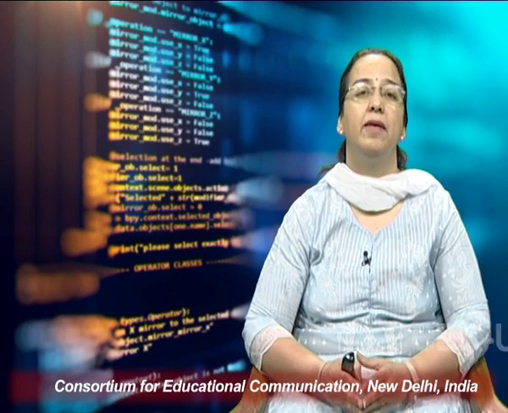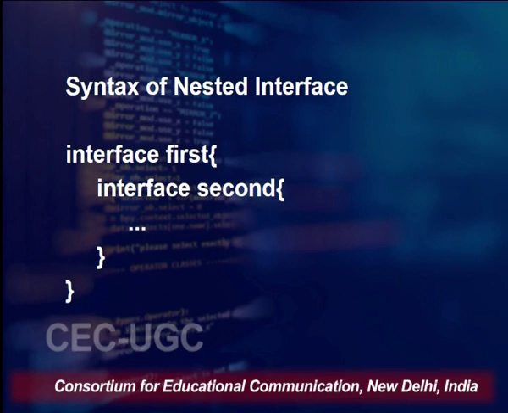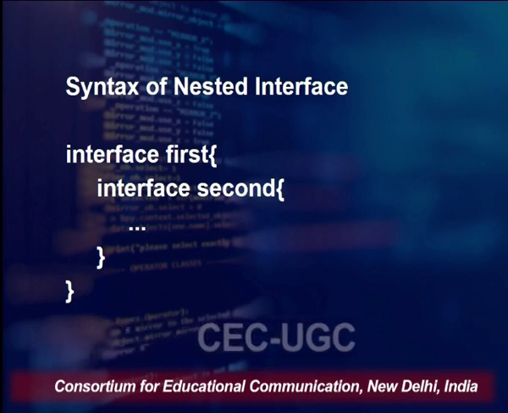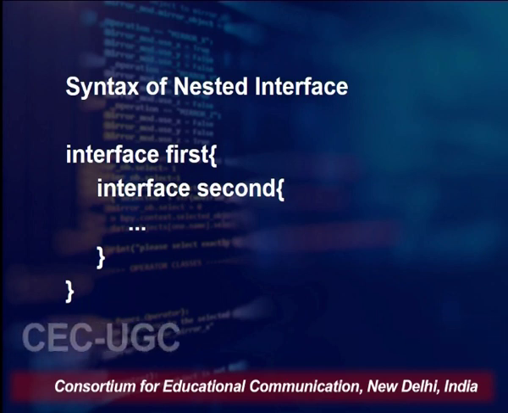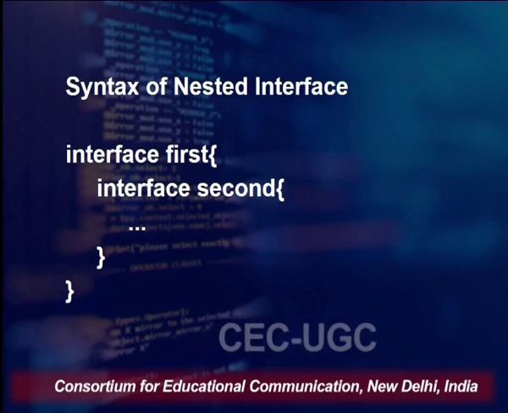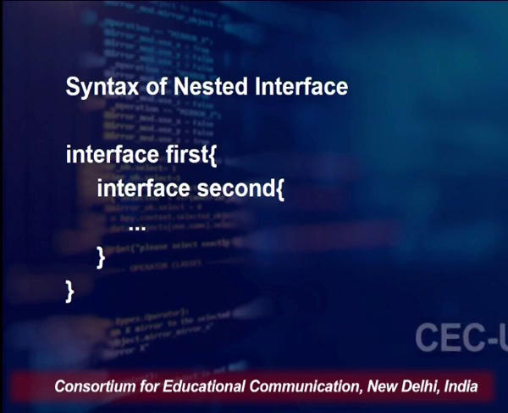Within an interface we can have another interface, and here is the syntax: interface first, and within this interface first we have another interface placed inside it and named second. This is an example of a nested interface, one interface nested inside another interface.